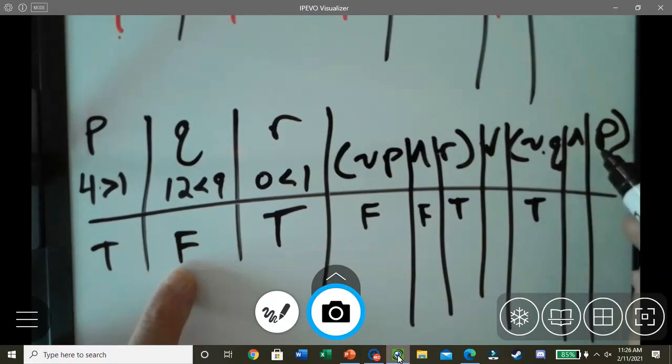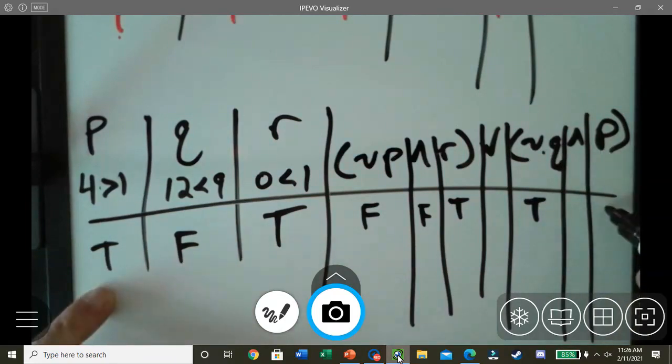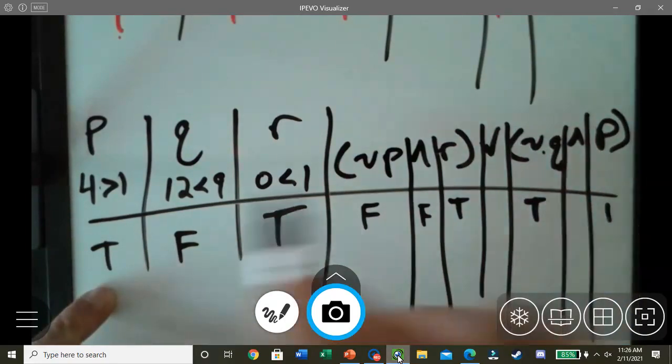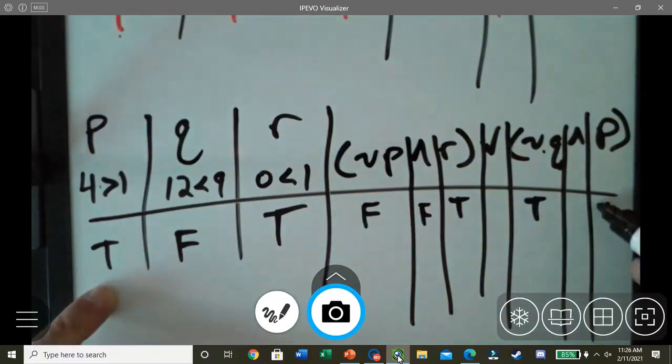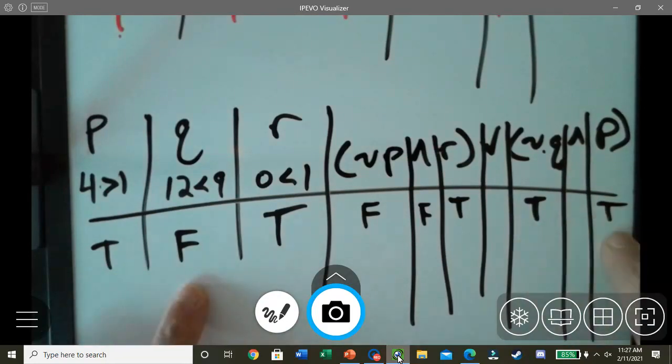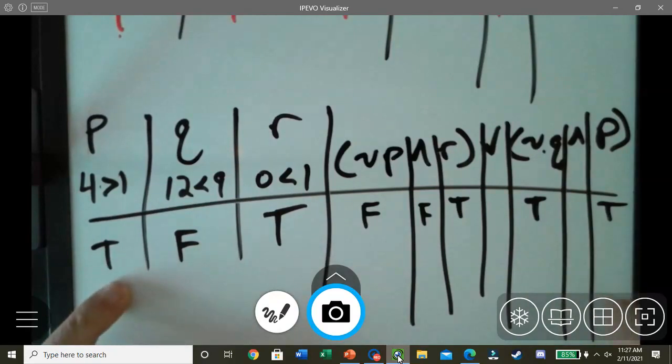And P, we already said that's true, right? And that's what I was talking about. Be careful, because it'll shift gears on you. Here we were talking about not Q, the opposite. But here we didn't say not P. This is P. So this one's the opposite, but this one is not. That's why you've got to be really careful. Take a second to think about what's going on.